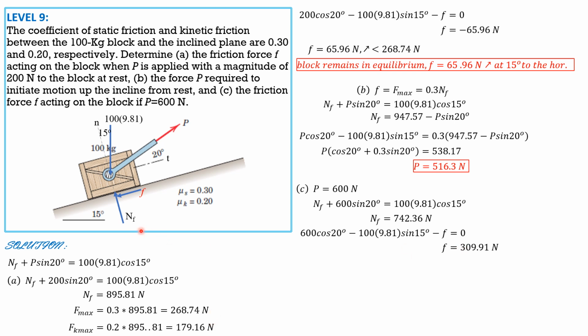Therefore, the block moves up the incline, and since the block is in motion, the maximum frictional resistance is that of kinetic friction, and therefore F is equal to Fk max, and Fk max is 268.74.